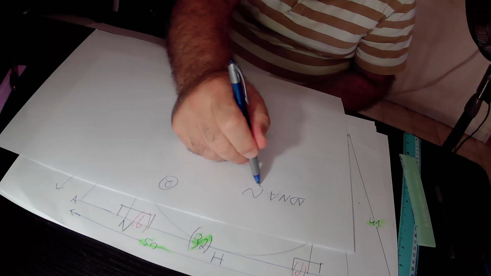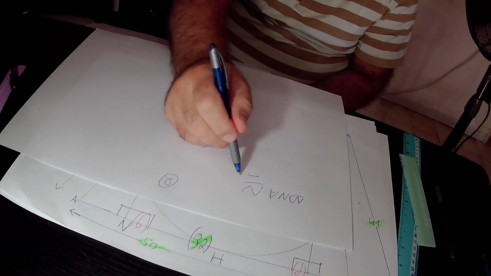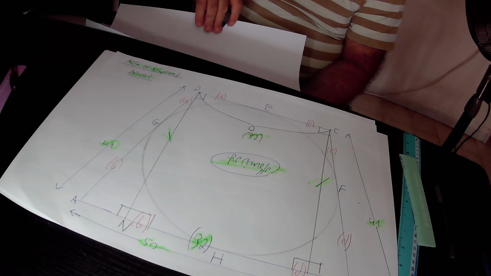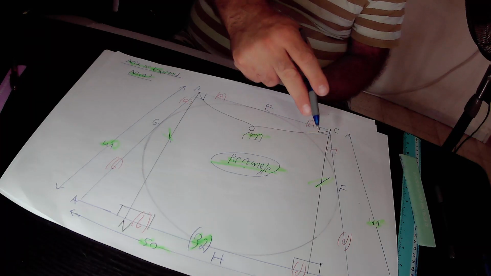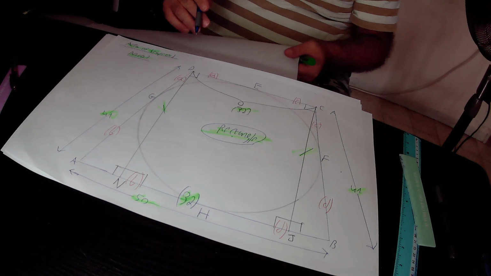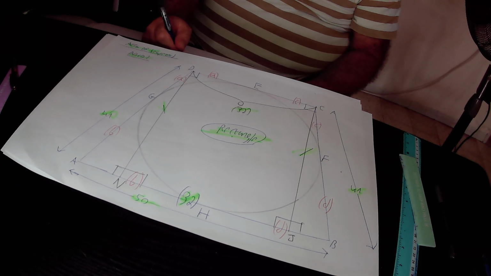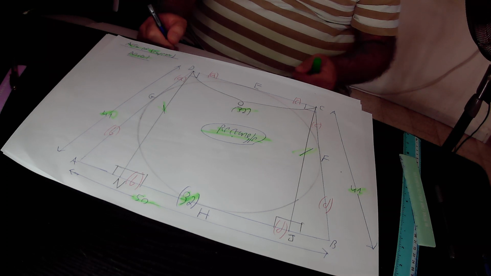This is the sign of congruence, to the right triangle CJB, according to the side rule.